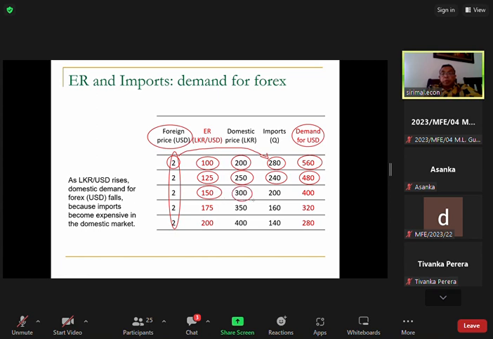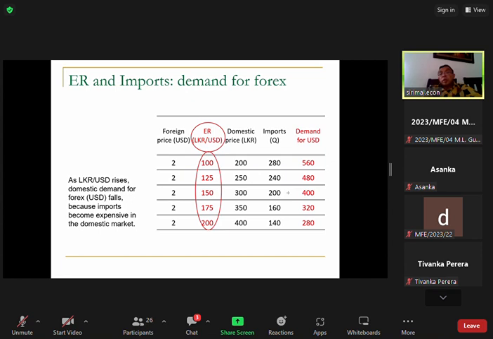So now you need to pay the bank 300 rupees to buy $2, becoming expensive. So the local demand for imports further goes down. And how many dollars do you demand now? 400. So what you see now, when you compare these two columns, as the exchange rate depreciates like this, the dollar demand declines.